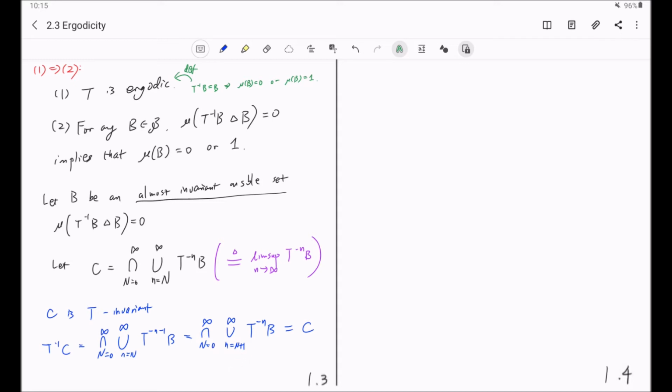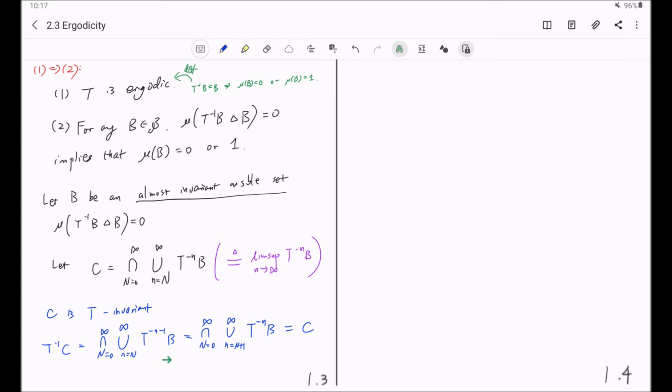So if we just miss one member in here, after we take the intersection from N equals 0 to infinity, this won't matter. And this union will decrease with N anyway. So this is the same as C. And this proves that C is T invariant.